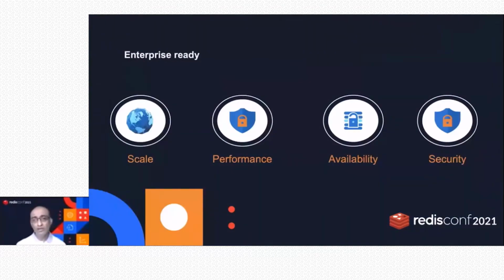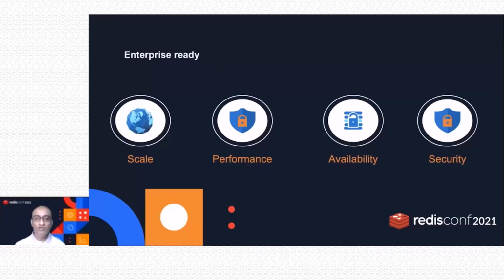So in this session, you will get to learn about why Azure Cache for Redis is awesome and is built for enterprise workloads. When I think of enterprises, few things come to my mind: scale, performance, availability, and security.